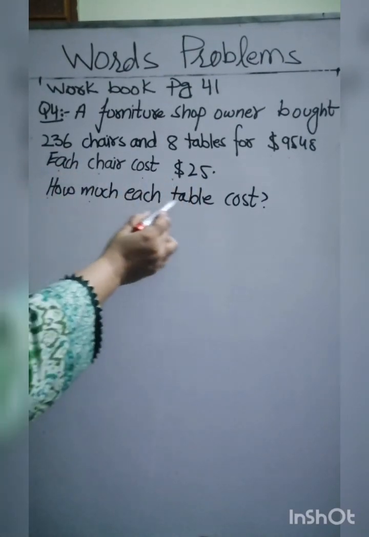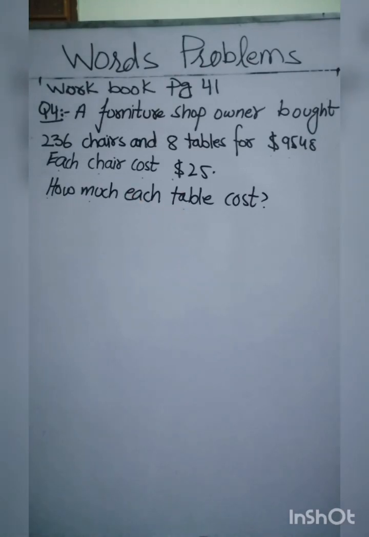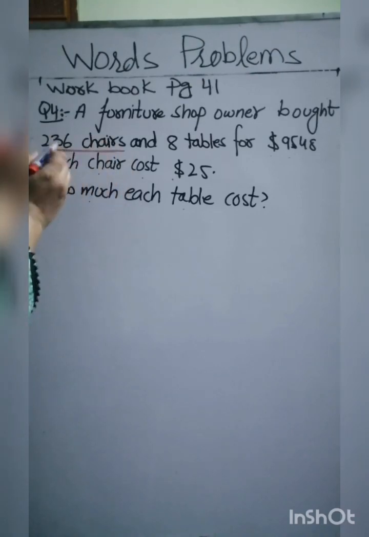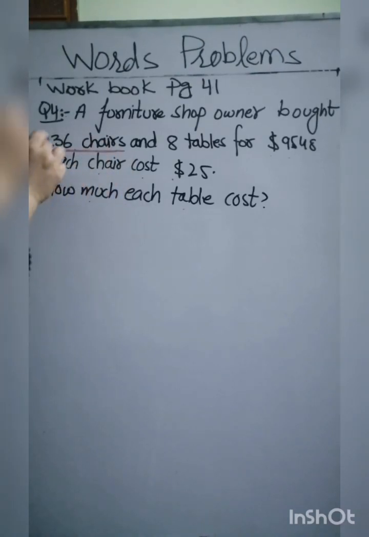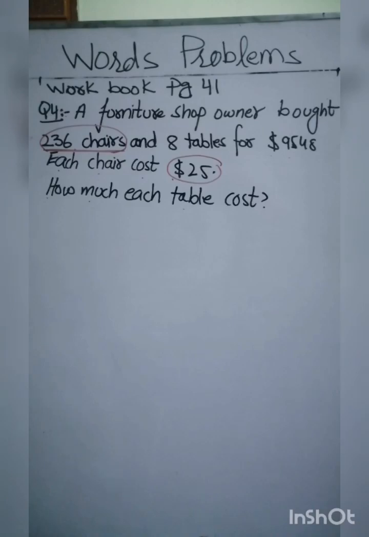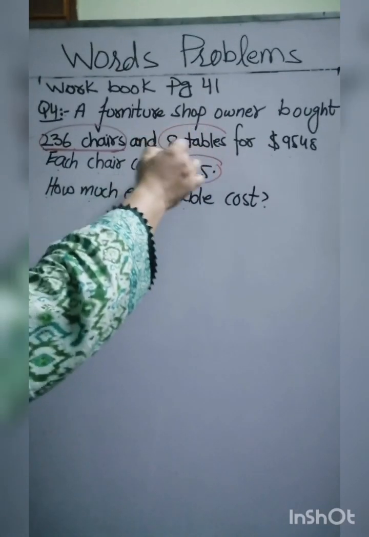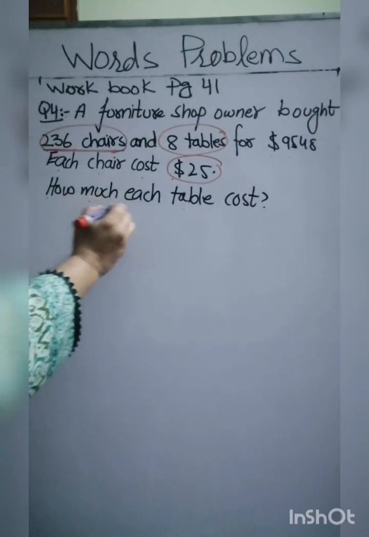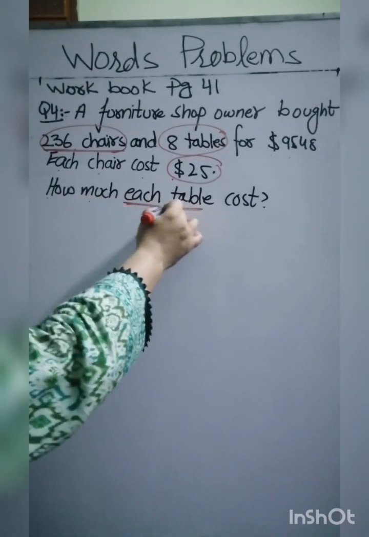How much does each table cost? First of all, we have to underline what information they have given us. They have given us that there are 236 chairs and cost of each chair is $25. And there are 8 tables. We are going to find out each table cost.